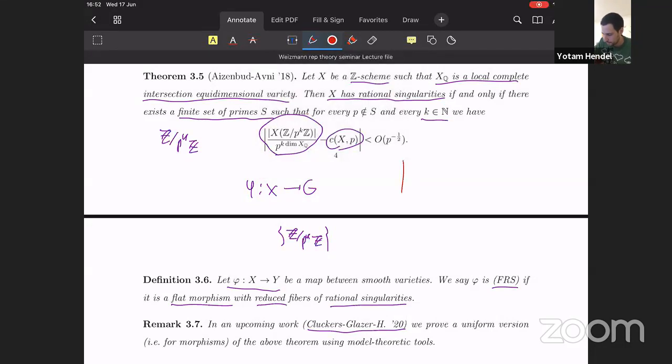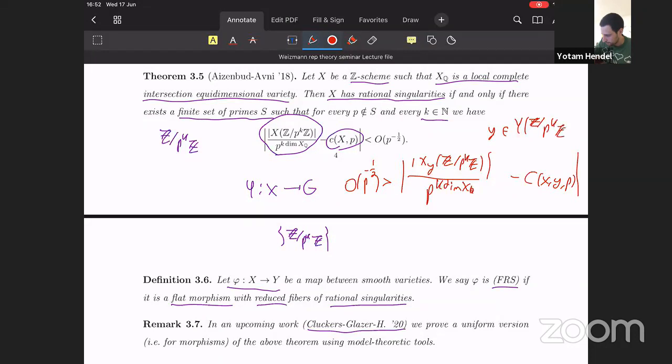In this version you get the same result, but now you get something of this form, where y is some point in Y of Z modulo p to the k Z. And the important part is that this bound doesn't depend on y, on the fiber we've chosen.